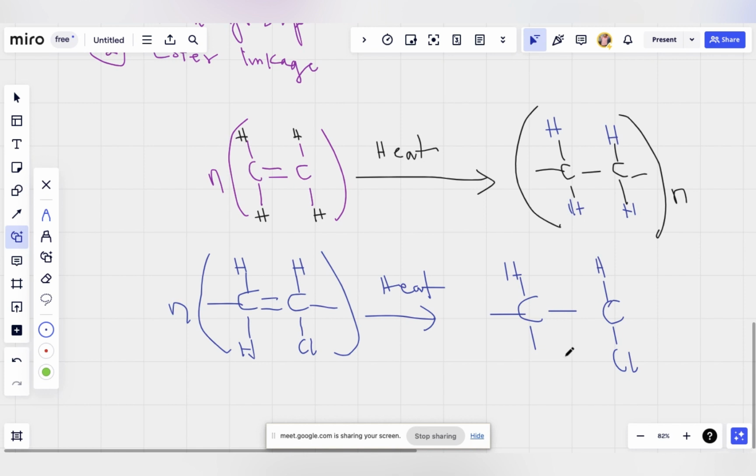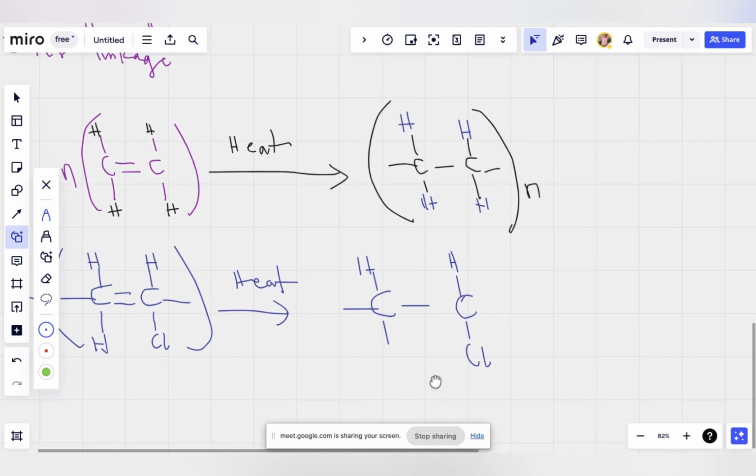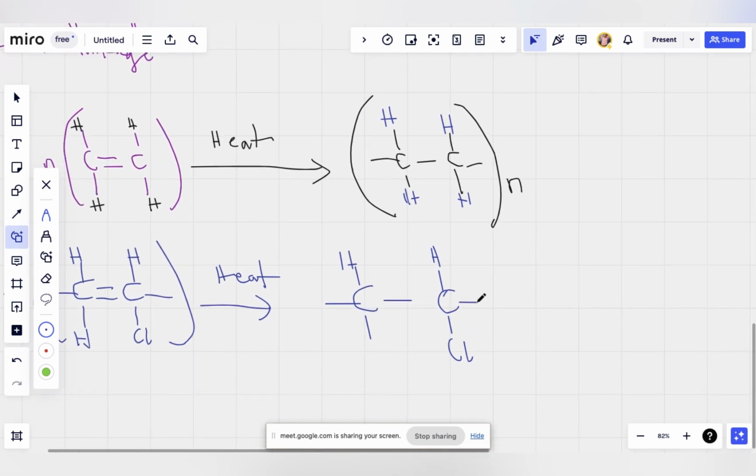If I want to continue, what I will do is this: I already have carbon 1, carbon 2, carbon 3.